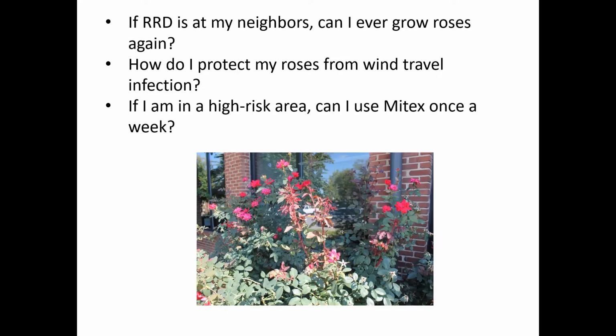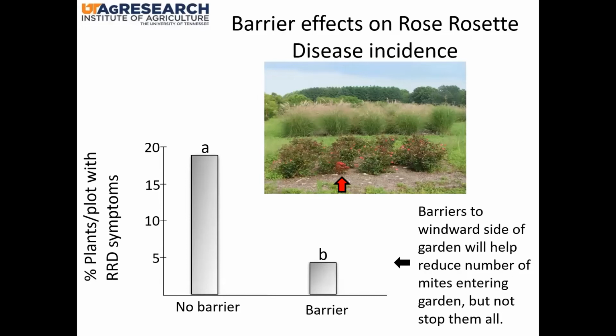How do I protect my roses from wind-blown infection? And if I'm in a high-risk area, can I use a miticide once a week to help with things? Well, the American Rose Society Research Trust sponsors some research in which we looked at answering some of those questions.